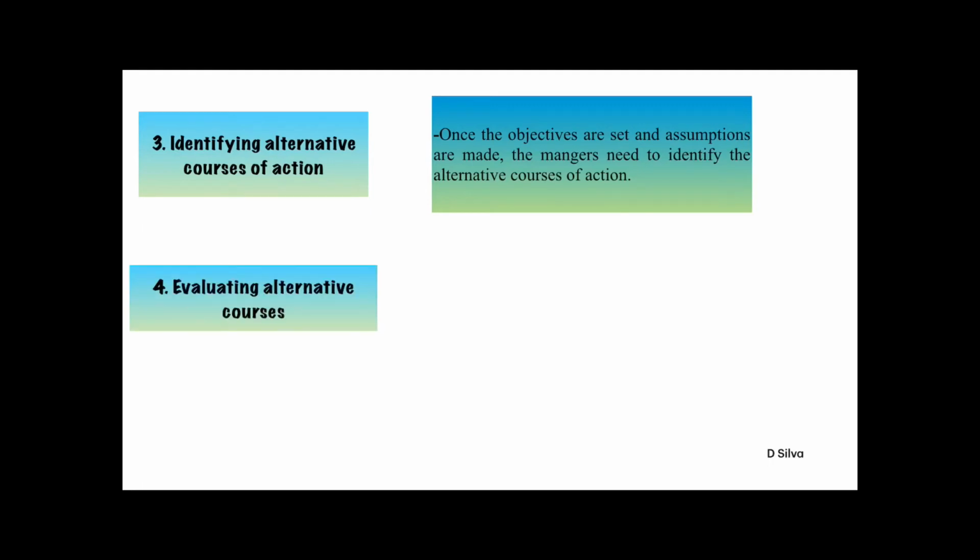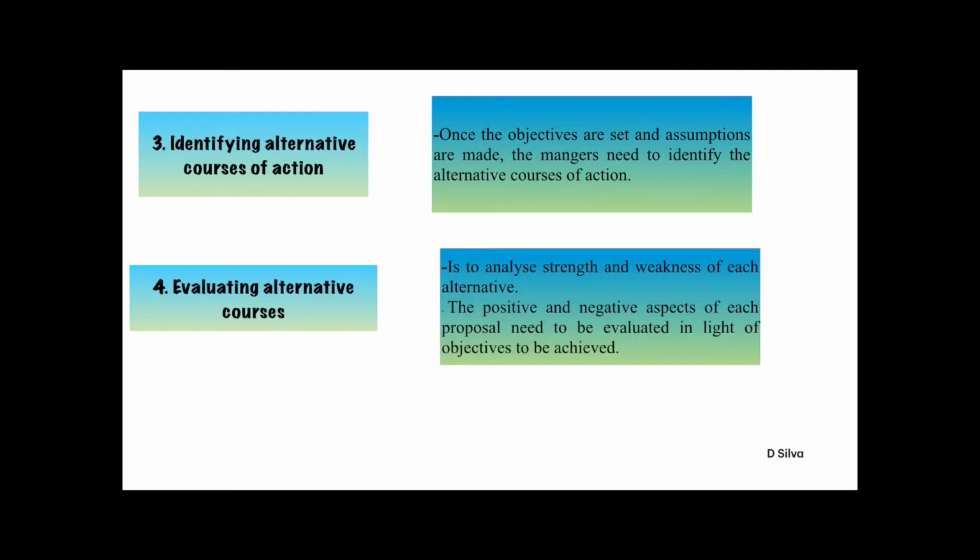Fourth one, evaluating alternative courses. It is to analyze strengths and weaknesses of each alternative. The positive and negative aspects of each proposal need to be evaluated in light of objectives to be achieved. Example, the objective is to sell 2 lakh units of mobile phones. You have identified your alternatives like increasing advertising, promotion, after sales service, and so on.